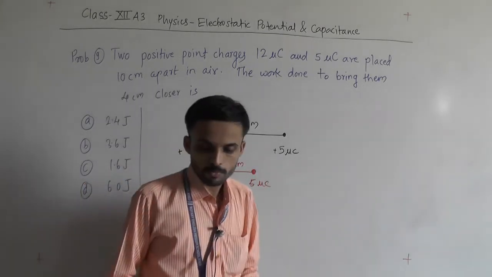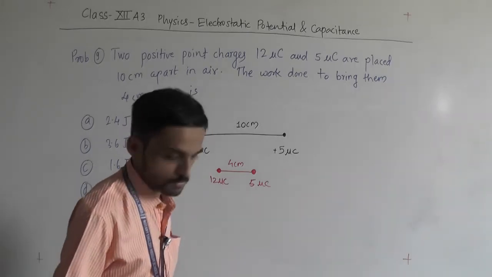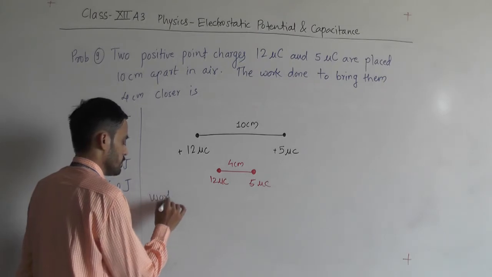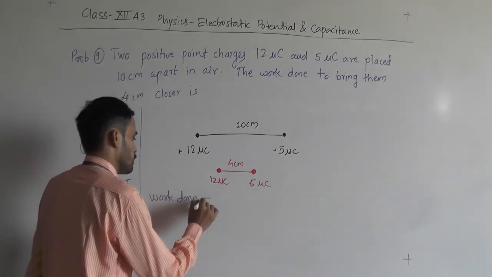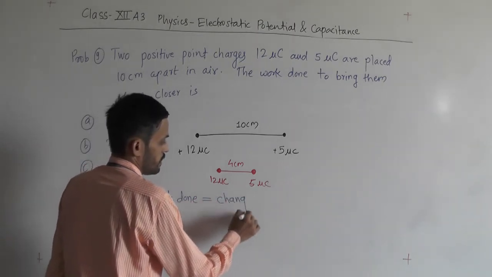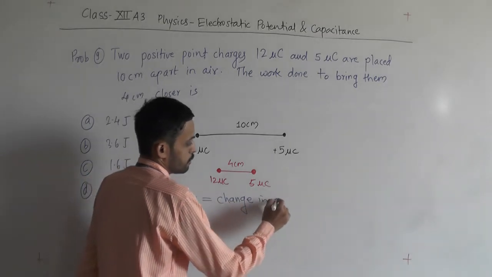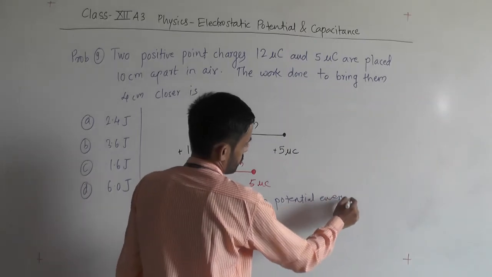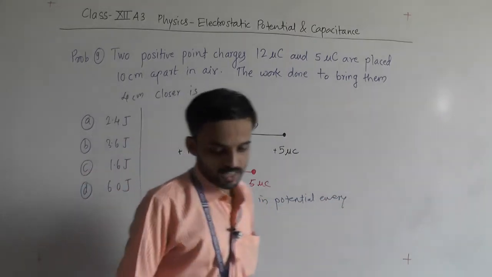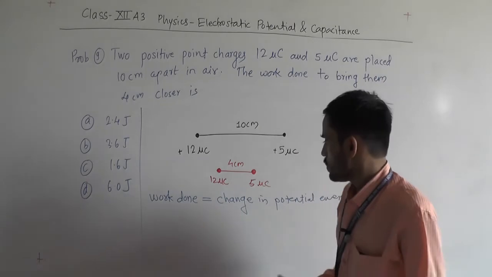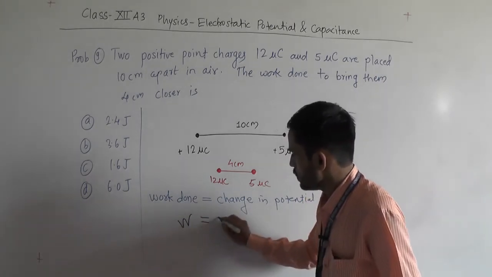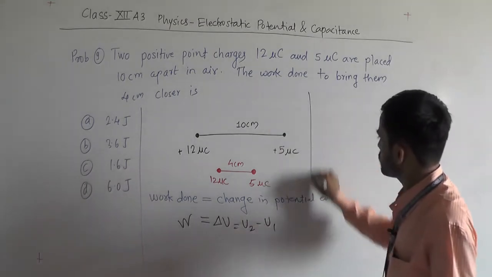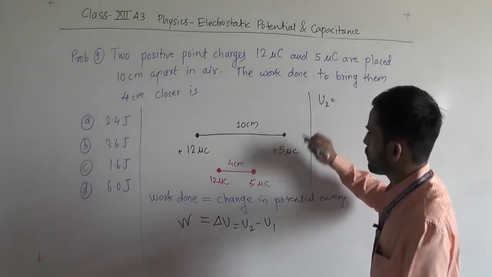So what I will do, very simple, work done will be equal to change in potential energy, you have to do it. So that will be W equals delta U, that is U2 minus U1.